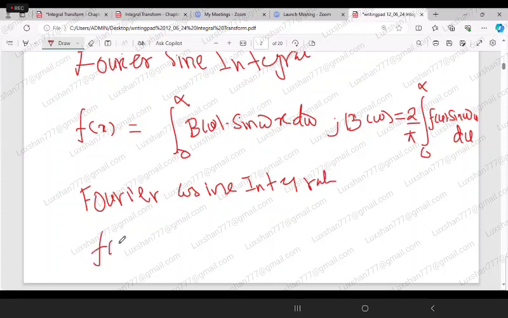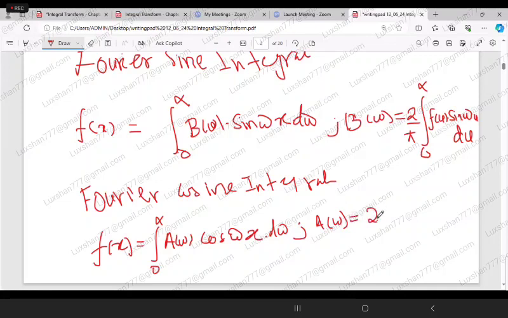The Fourier cosine integral is defined as f(x) is equal to integration 0 to infinity A(omega) cos omega x d omega, where A(omega) is equal to 2 over pi, 0 to infinity, f(u) into cos omega u du.